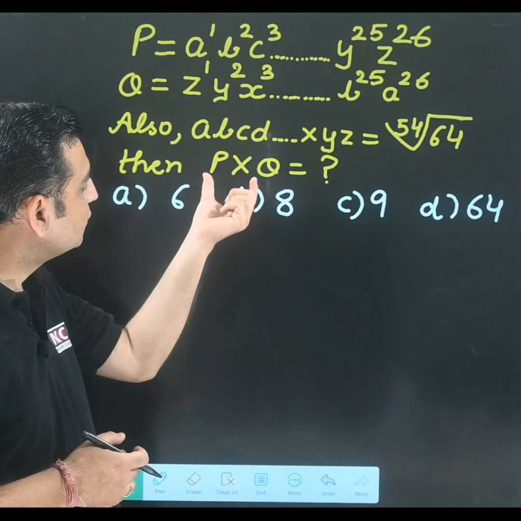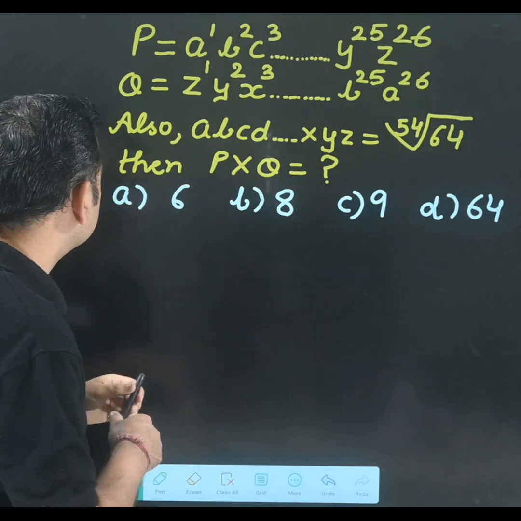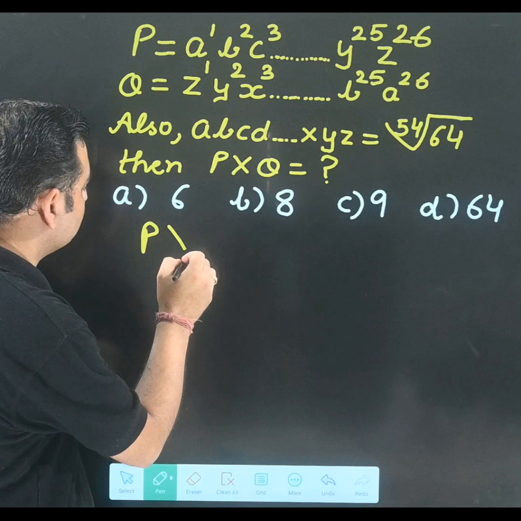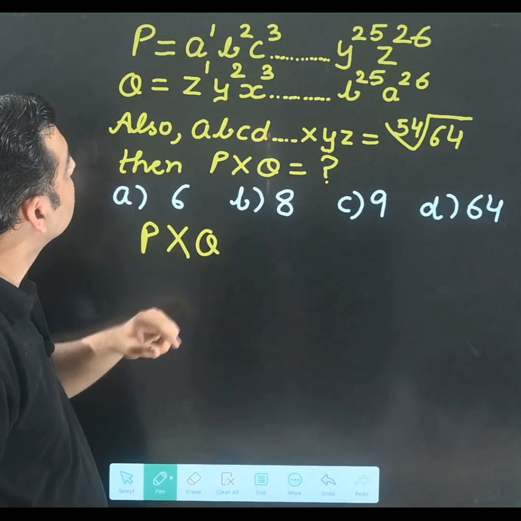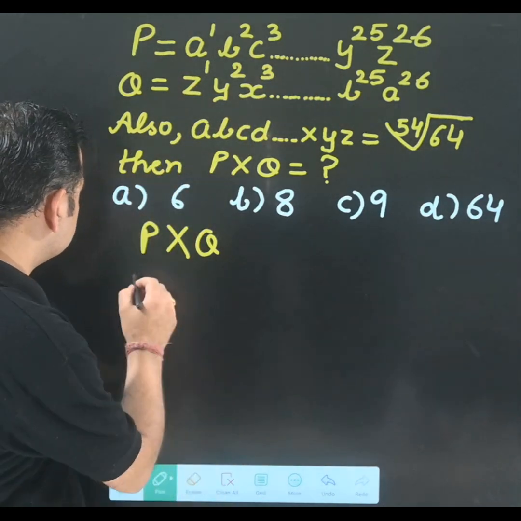First of all, since I need to find p times q, without thinking anything, let me start multiplying it. P multiply q. That means I need to multiply these both. Let me write it.